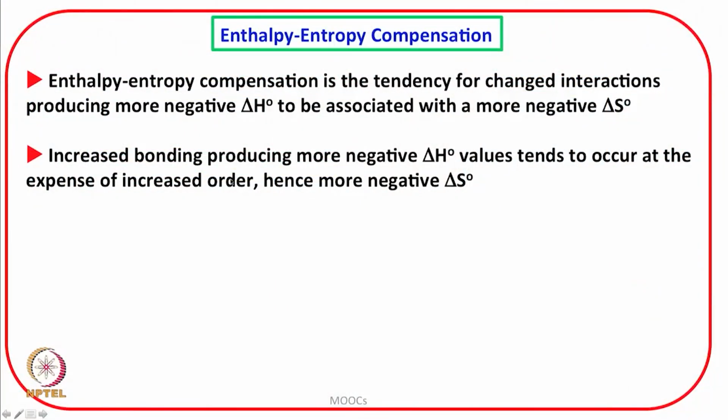Increased bonding produces more negative delta H naught values, and these tend to occur at the expense of increased order, hence more negative delta S. So, this is the reason for the compensation, because if two molecules interact favorably, delta H naught will be negative, but also there is a loss in entropy.